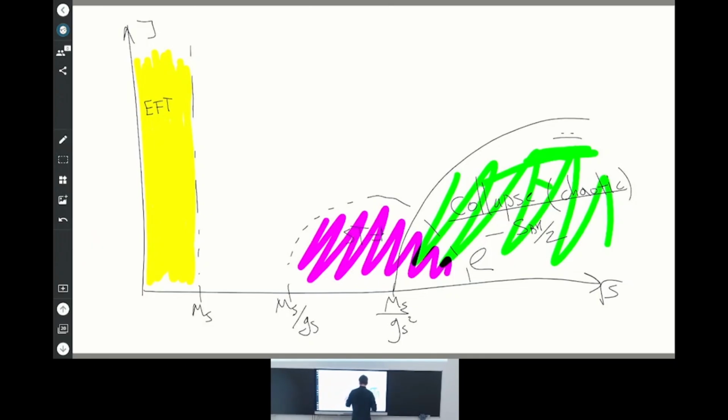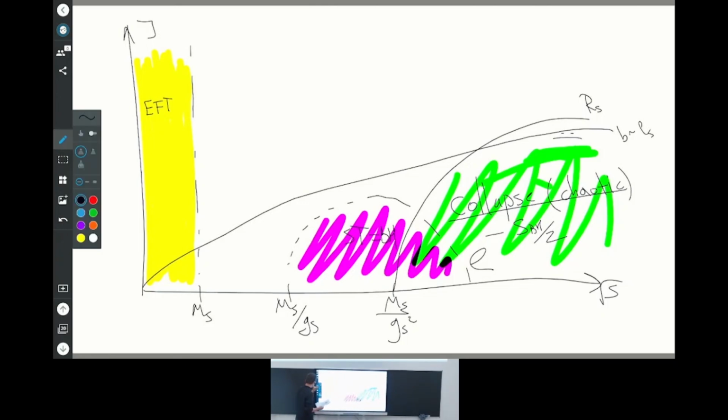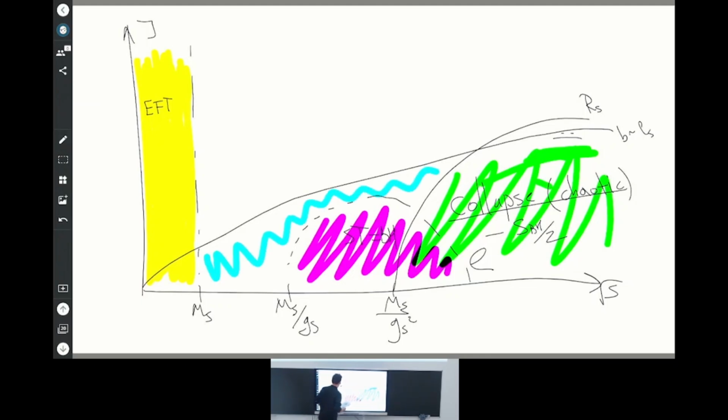So we have this string black hole transition. Then in J there are the impact parameters. So this is the Schwarzschild radius, so it always overtakes. And this is the B of order LS. So here we have this ACV analysis, which is a stringy gravity.